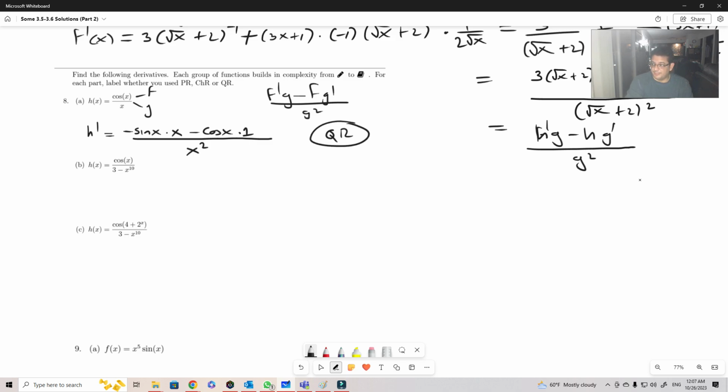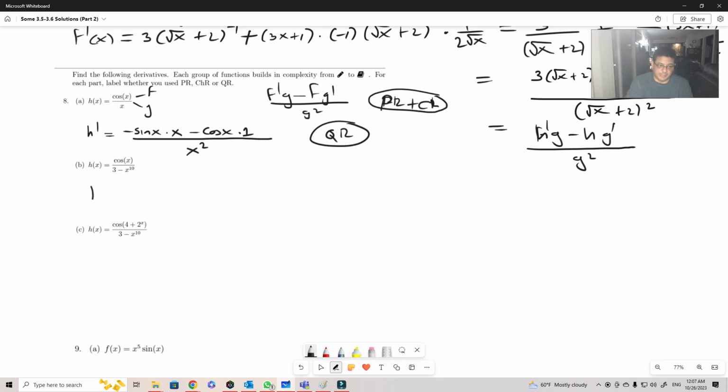Now, I can do the same thing here with chain rule if needed. So I can also say this is a product rule plus a chain rule, any of the two.